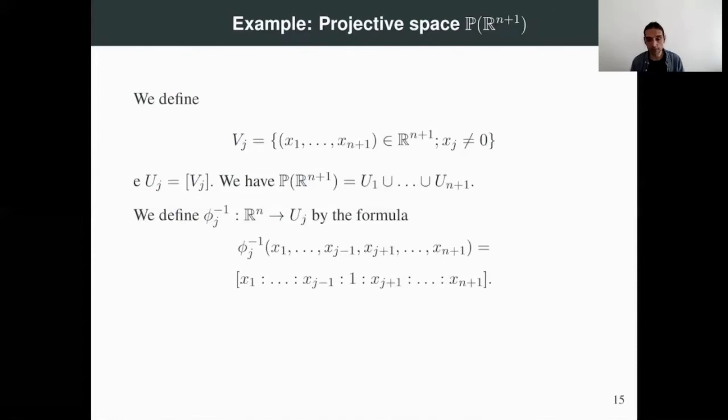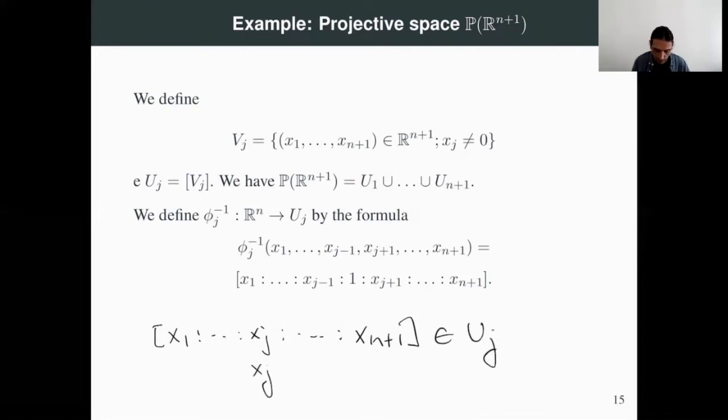Okay, we have to consider that if we have an element that belongs to U_j, this implies that x sub j is different than 0.